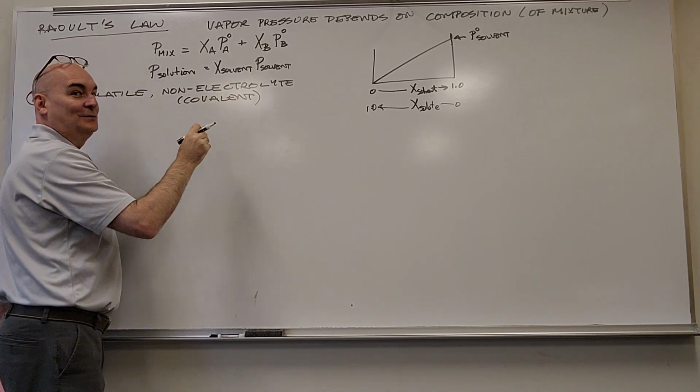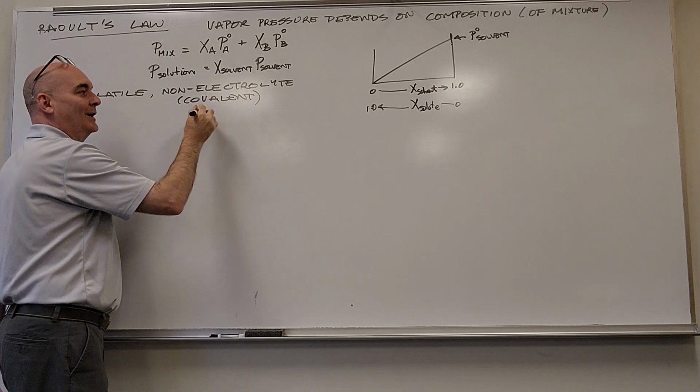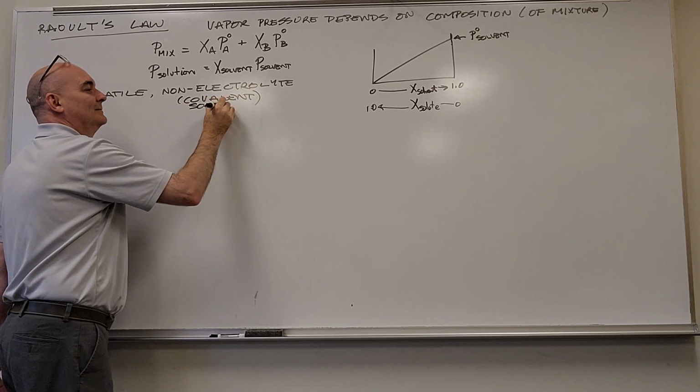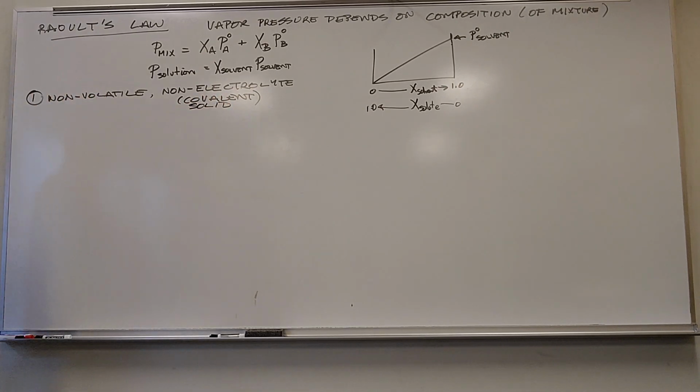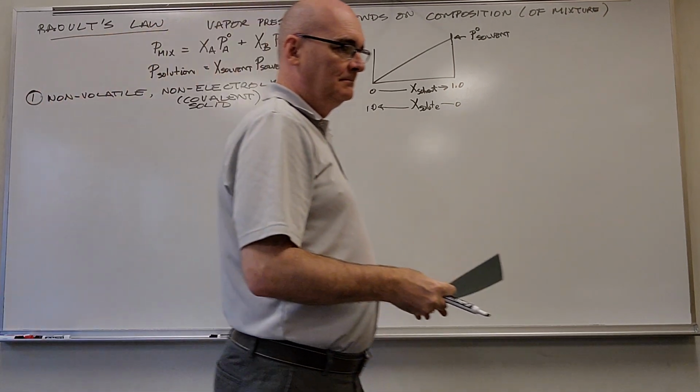Salts are ionic, so they're going to be our next case. What covalent solid do millions of people add to their drinks every day? Sugar. Oh my god. Yeah. That was kind of sad. Sorry.